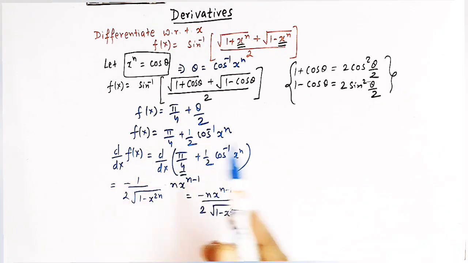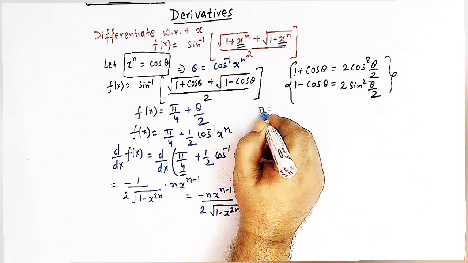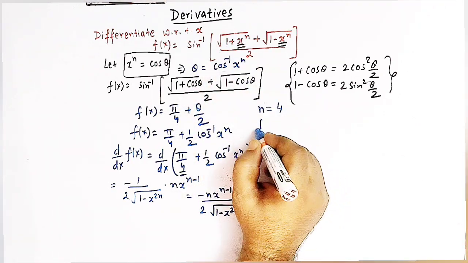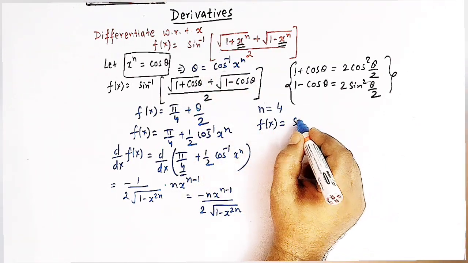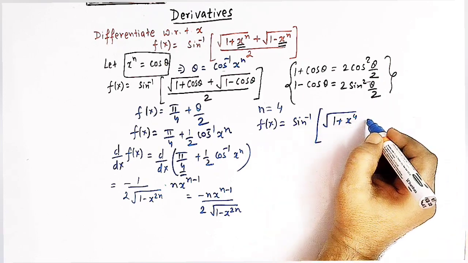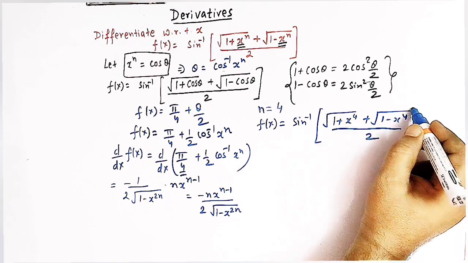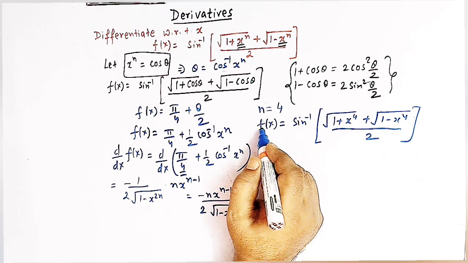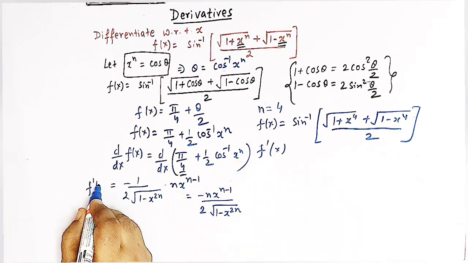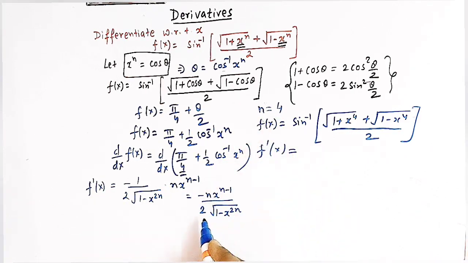So let us discuss one special case here. Suppose we have n is equal to, say, 4. When n is equal to 4, the function f of x assumes the form sine inverse of square root of 1 plus x raised to 4 plus square root of 1 minus x raised to 4, over 2. The derivative of this function, f prime of x, is given by substituting n is equal to 4 in this expression.